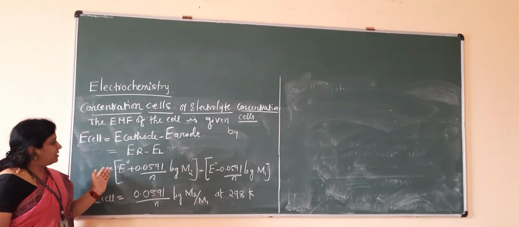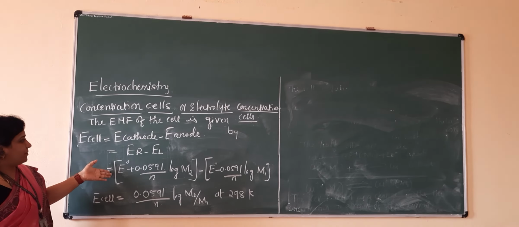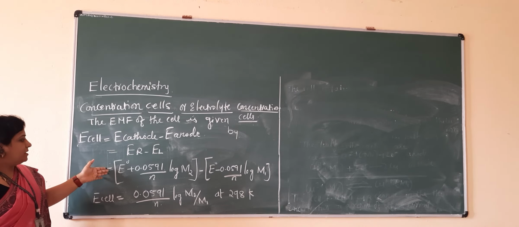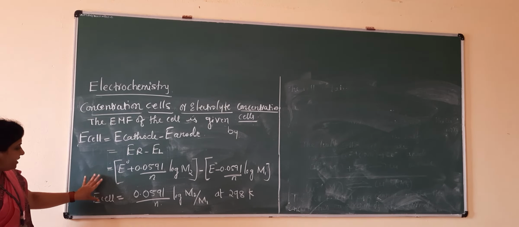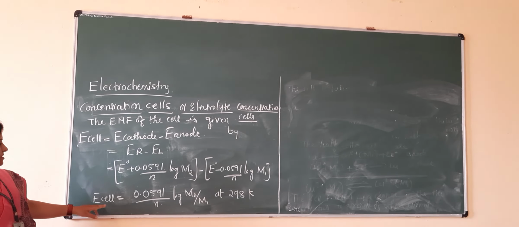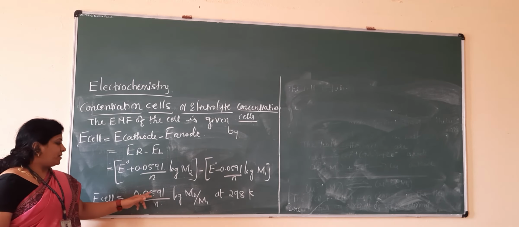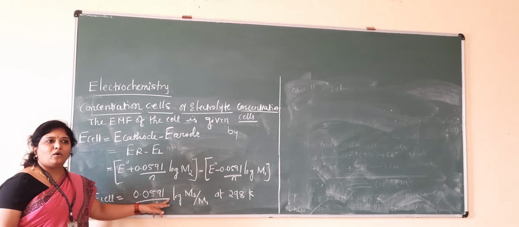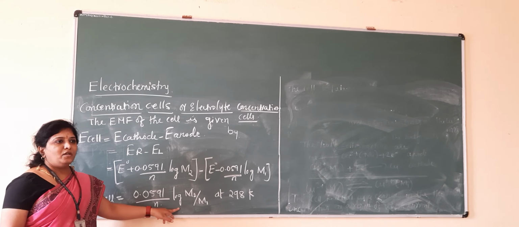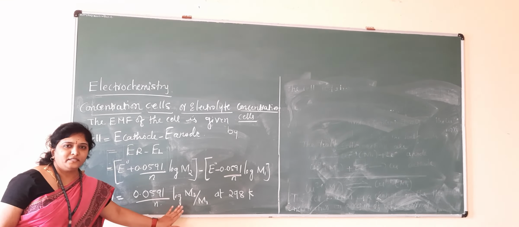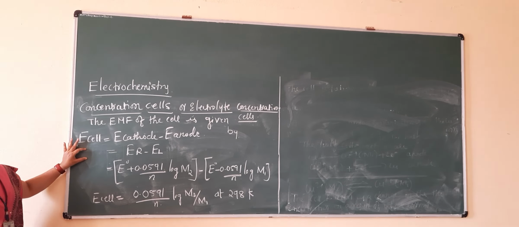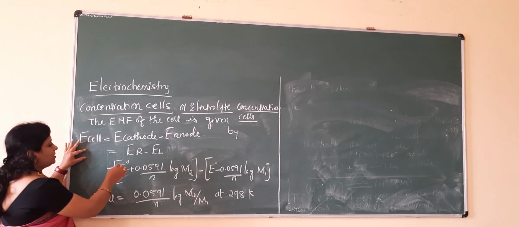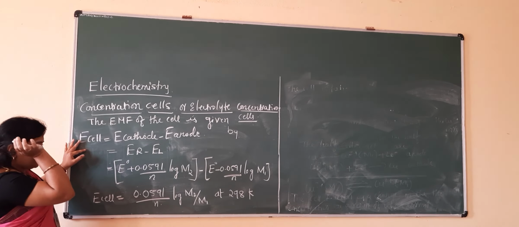Now when we put this E right minus E left in the Nernst equation, in the final equation you can see that E of cell is equal to 0.0591 by n log M2 by M1 at 298 K. You can see that E naught will not appear in the final equation, as it gets cancelled.